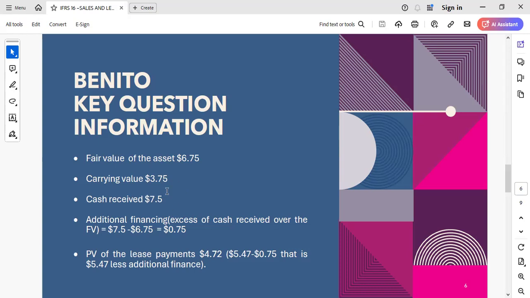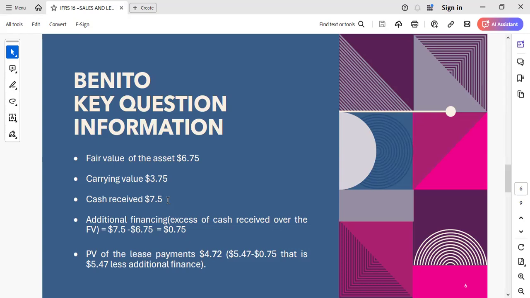I want to draw your attention to something here. Ideally, an asset should be sold at its fair value. Already we have the carrying value being 3.75 and the fair value is obviously higher than the carrying value, at 6.75. But you see that the cash we received from the buyer is 7.5.